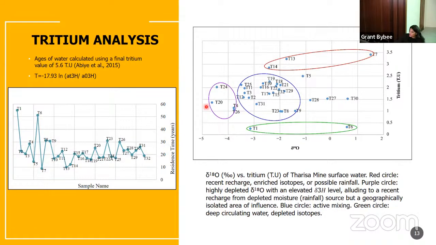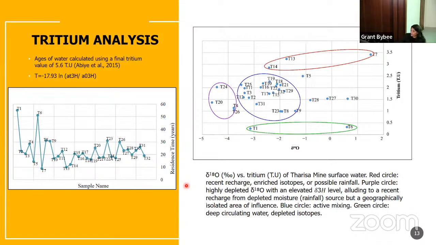But we also had water that had a signature of 18O that was highly elevated, but a tritium signal that was low. That could suggest that this was recent recharge from a depleted moisture source or from a geographically isolated area of influence. But now we also had a mixing zone, which means that we had mixing between our recent recharging waters and our deeper aquifer water resources.